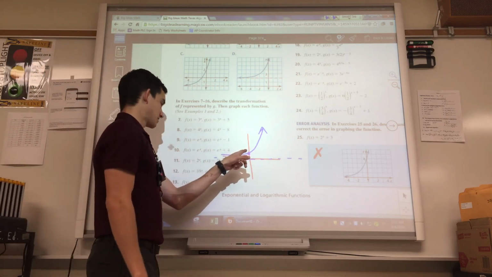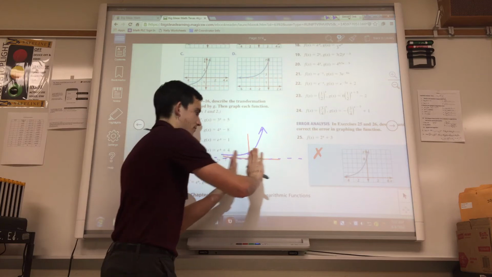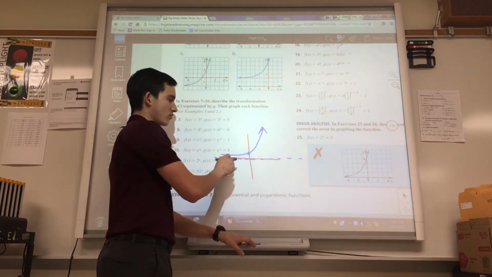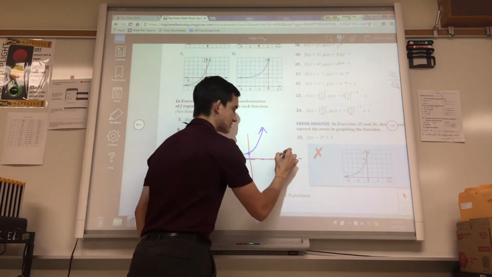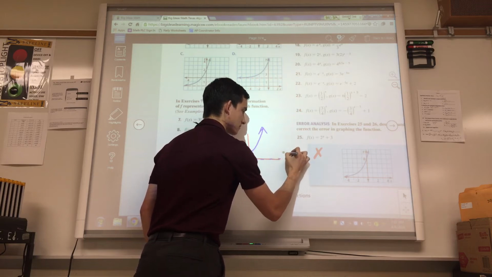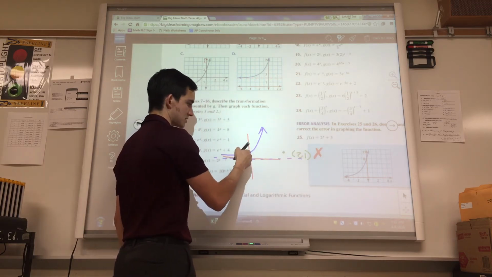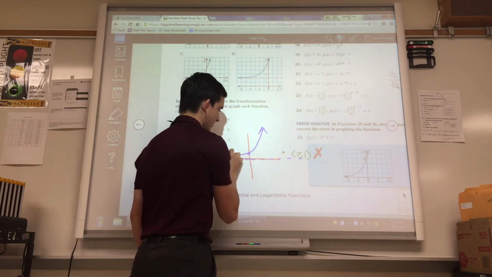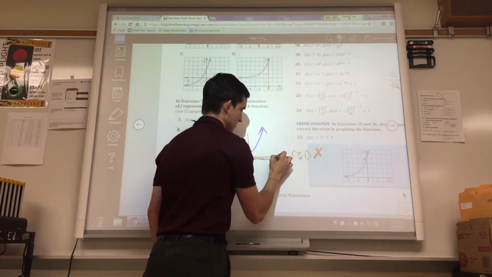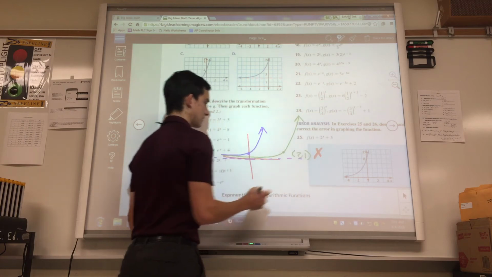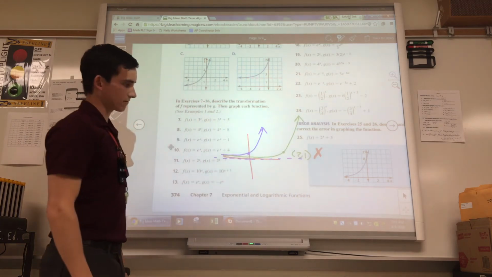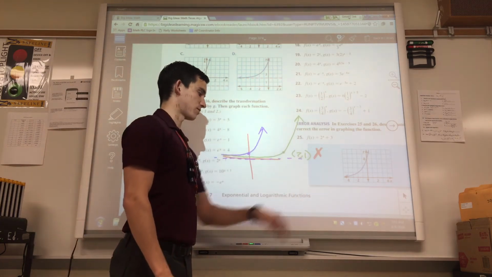If that was the original function of f of x, now shift that whole thing right 7. So now instead of going through the point 0, 1, I'm going to go through the point 7, 1. So it's just right 7. So if this was 0, 1, now that's 7, 1. Looks very similar. It even has the same asymptote. Okay, the whole function was just shifted right 7.